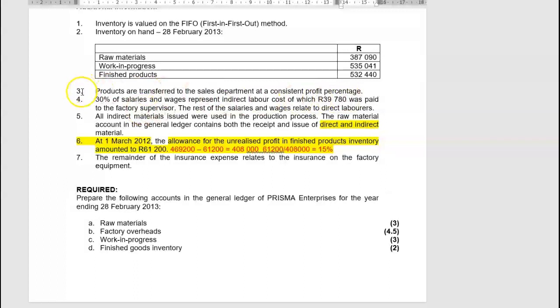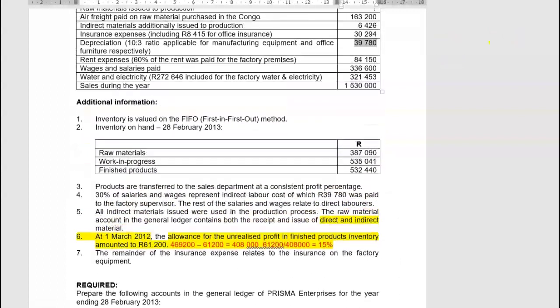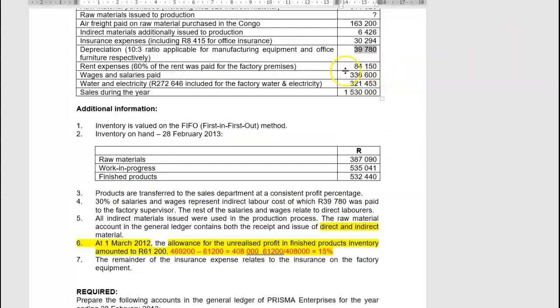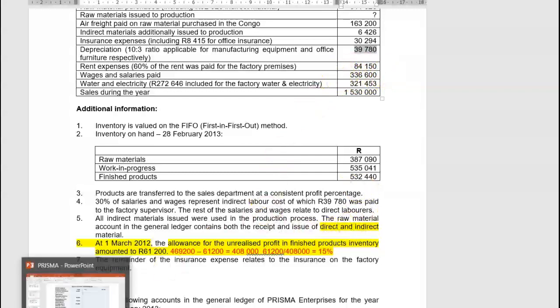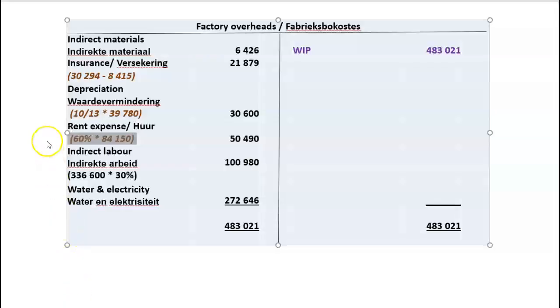Now, the cost of the factory supervisor is also an indirect cost, so it's no sense splitting the 30% and taking out 39,780 and also showing that as an overhead cost. So we can take 30% of the total amount paid for salaries and wages as overheads and 70% as direct costs, which will end up eventually in the work in process account.